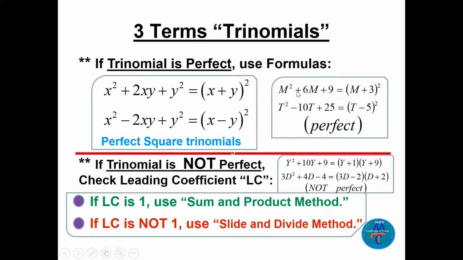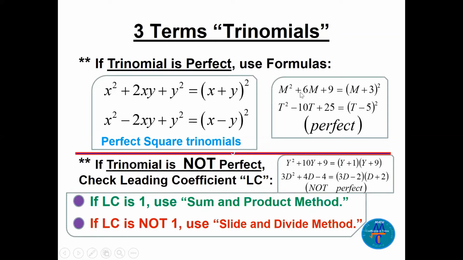m squared plus 6m plus 9, that's an expression. Can we write it as m plus 3 squared? Now look here, this is the basic formula. m squared is the same as x squared, 2xy is 2 times 3 times m, and y squared is 3 squared.